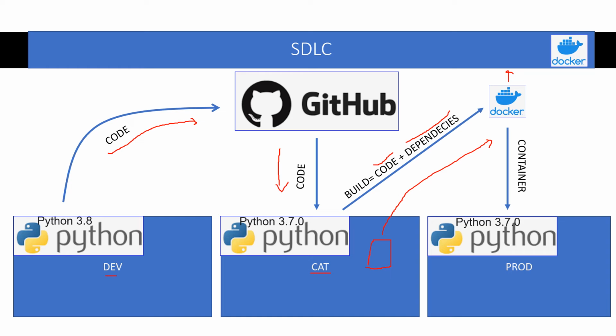And when it goes to prod, you are going to get the same container that comes inbuilt with all the dependencies, maybe on the OS or maybe on the libraries. Everything is going to be as it is. So if a solution or application works in the cat environment, it is guaranteed that it will work in the prod environment as well.